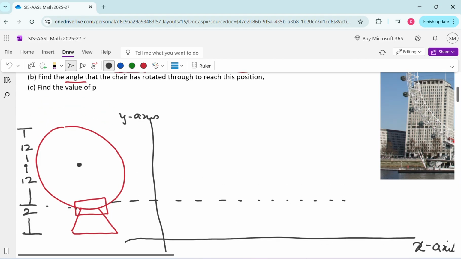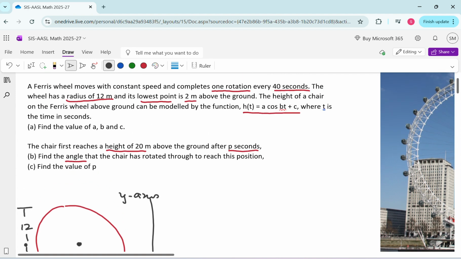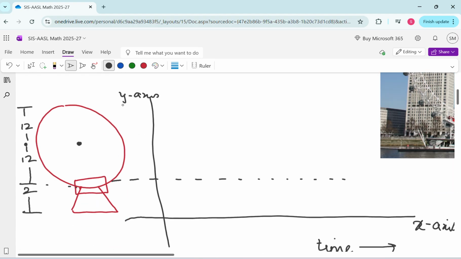And on the y-axis, we'll have the function of time. In this case, it will be h(t), which is the height. Now, this is the middle. So a line should go through the middle. And there will be another line going from the top.